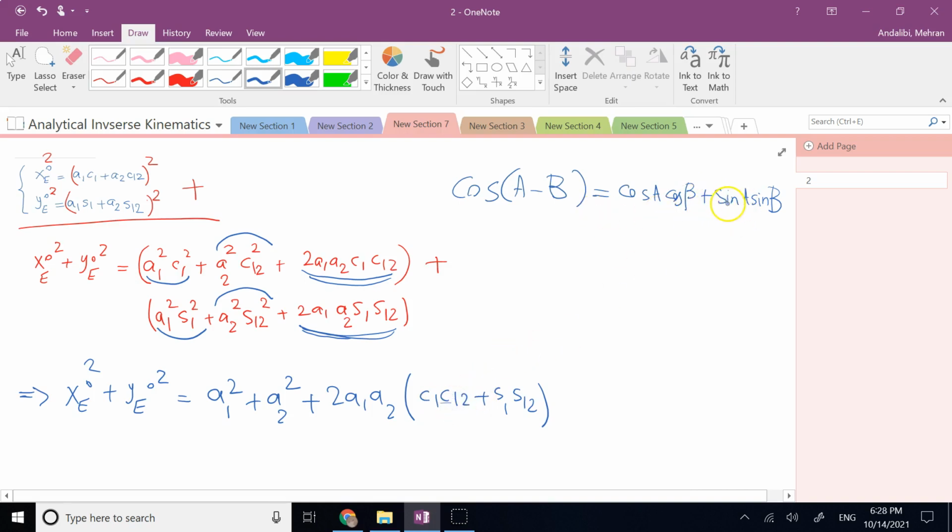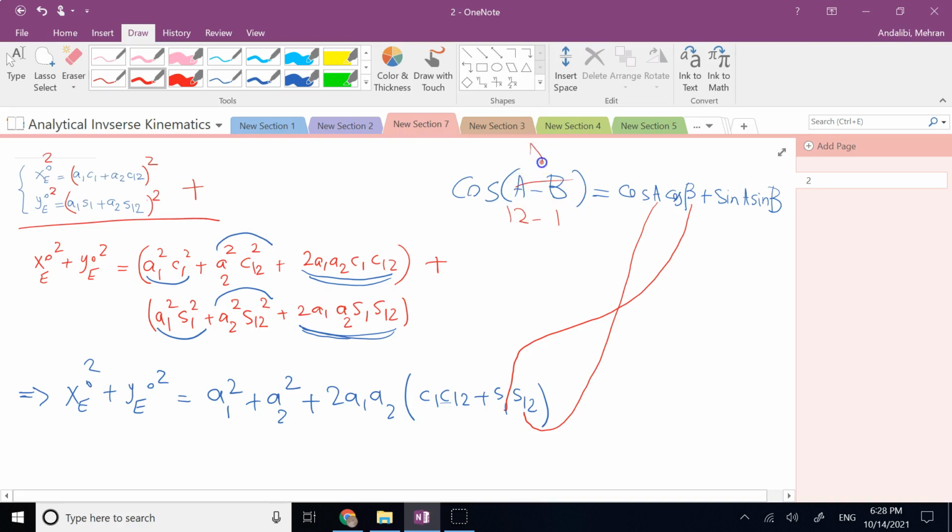Product of two cosines plus product of the sines. So here, what I will do, I will consider my a to be theta 12, and I consider my b to be theta 1. Then a minus b is going to be theta 12 minus theta 1, and theta 12, remember, that's theta 1 plus theta 2, minus theta 1.